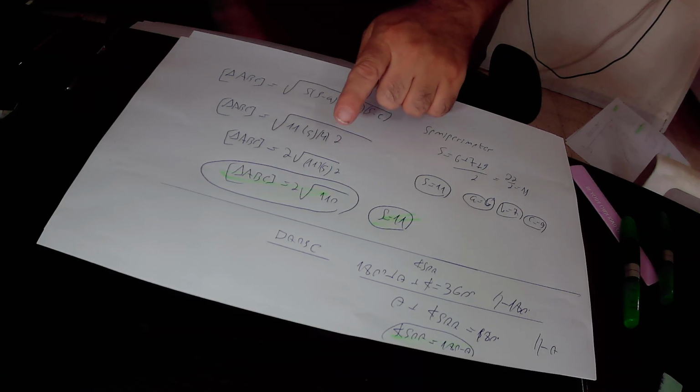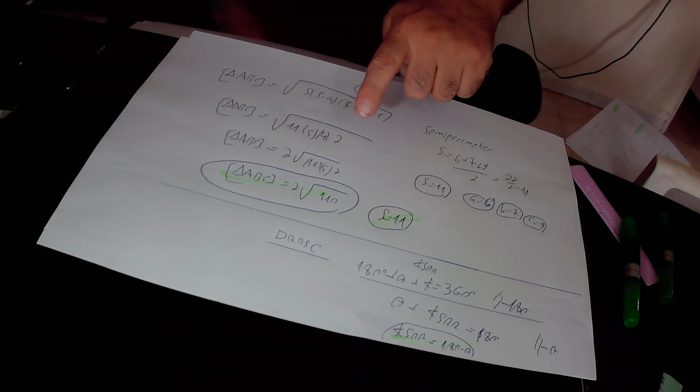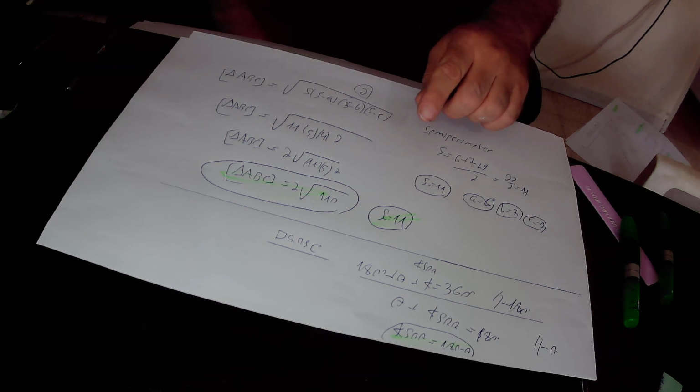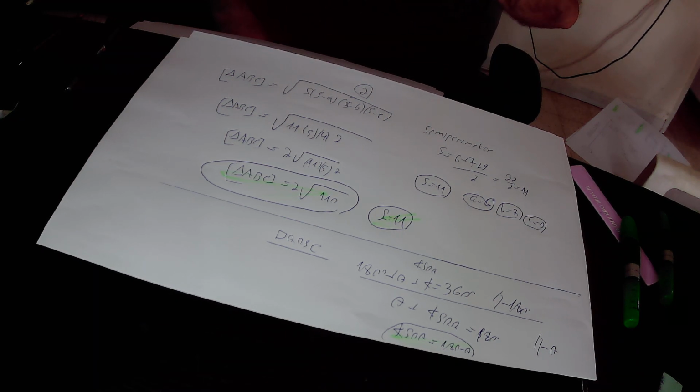So the area of triangle ABC equals 2 times the square root of 110 square units. The semi-perimeter of triangle ABC equals 11 units in length.